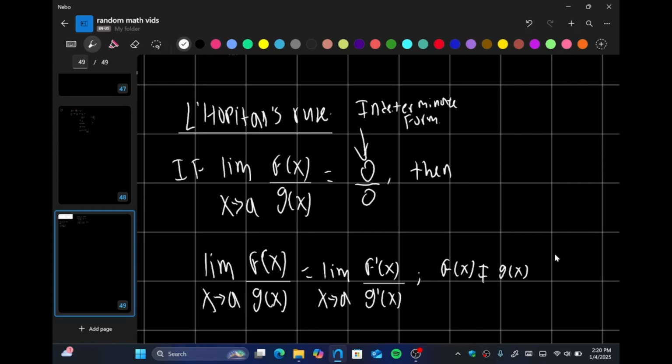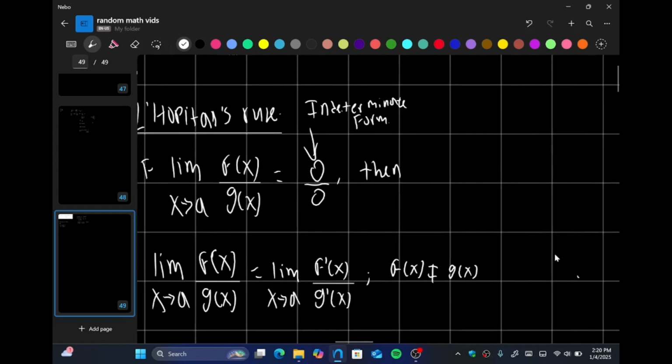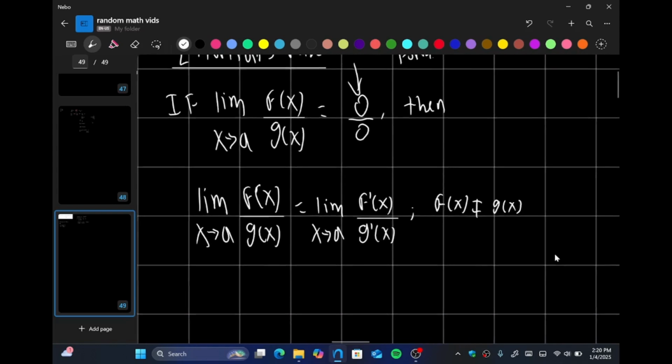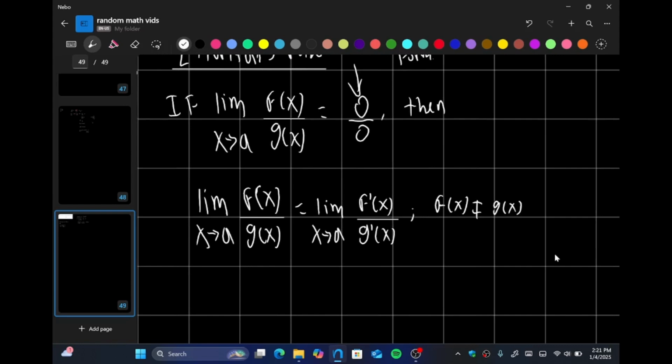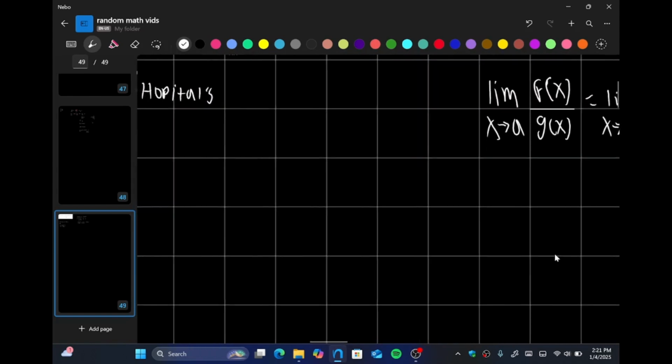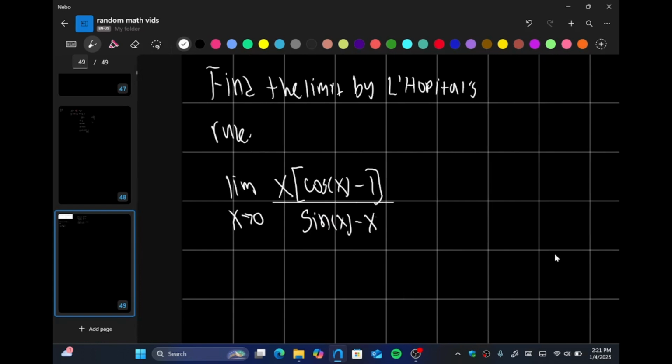Then the limit as x approaches a of f of x over g of x equals the limit as x approaches a of f prime of x over g prime of x. But anyways, usually they don't give you the same function on top and bottom.